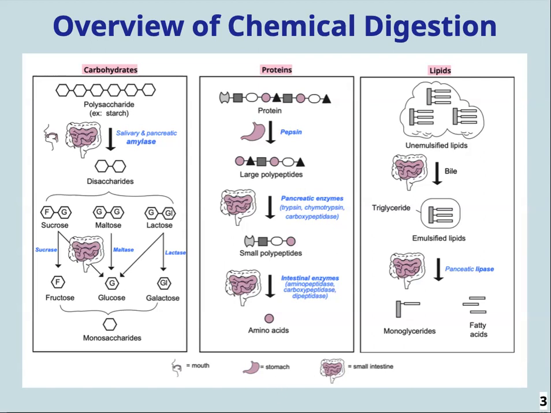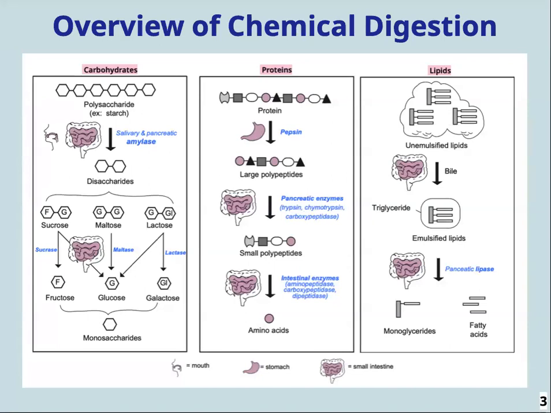This is different from mechanical breakdown, which involves simply breaking larger chunks of food into smaller chunks. We're not actually breaking chemical bonds, but chemical digestion actually involves breaking those chemical bonds.